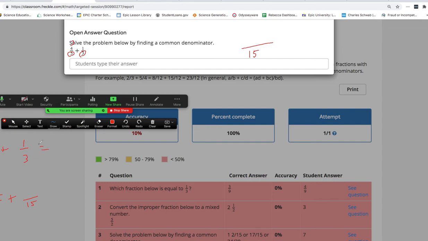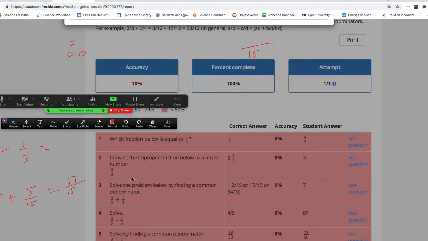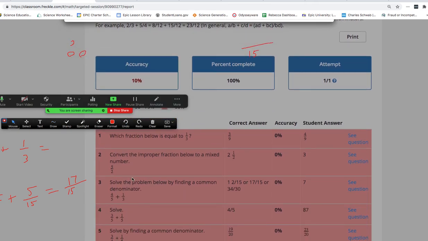So it'll be 1 times 5 is just 5. And now it's easy because this bottom number stays the same, and the top number is just 12 plus 5. So that's going to be 17. Okay? So the correct answer is 17 over 15. Now this says 1 and 2/15.